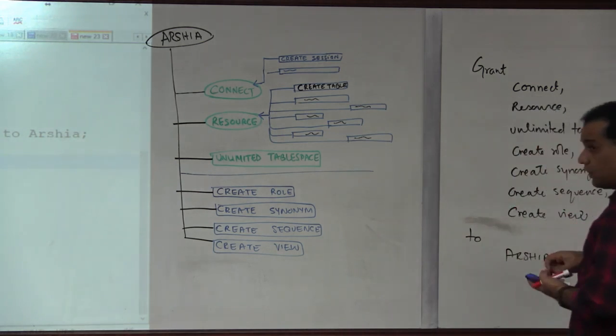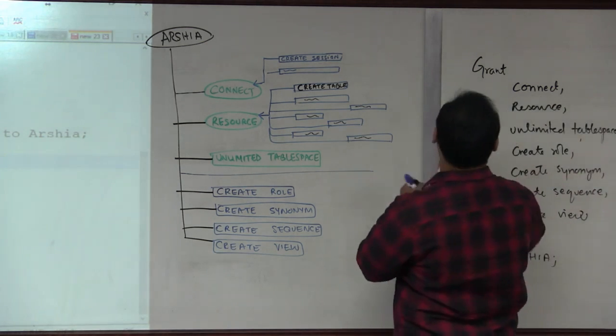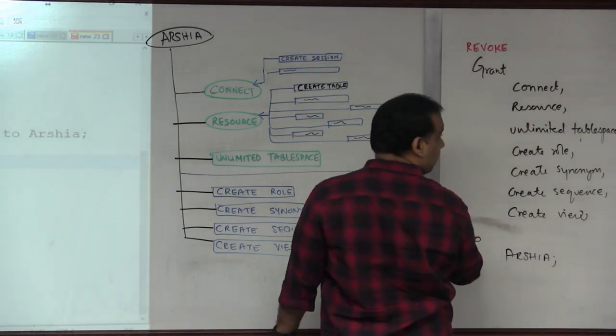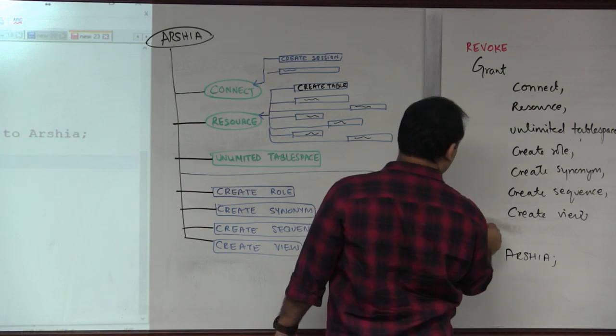Now, if you want to revoke the permission, instead of grant, you will say revoke, and instead of the word to, you are going to use the word from.